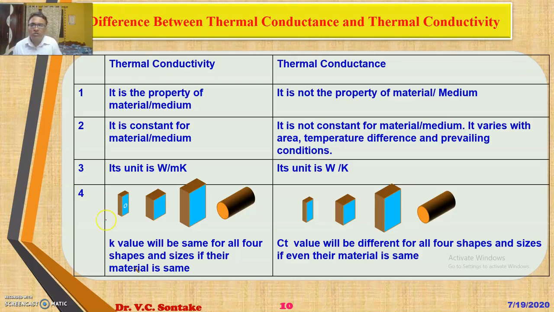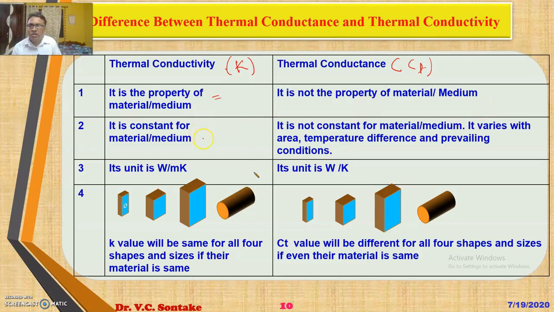So let us try to find out the difference between thermal conductivity K and thermal conductance Ct one by one. Thermal conductivity is the property of the material or medium, whereas thermal conductance is not the property of the material or medium. Rather, it is a property of the system.